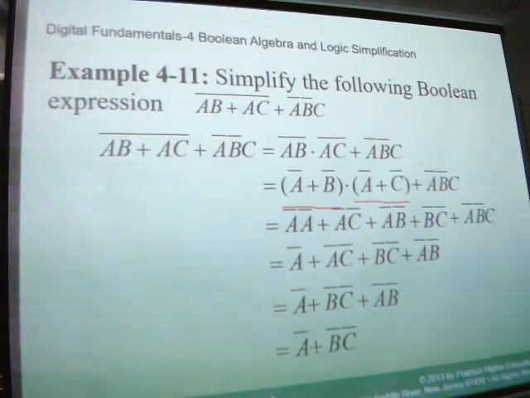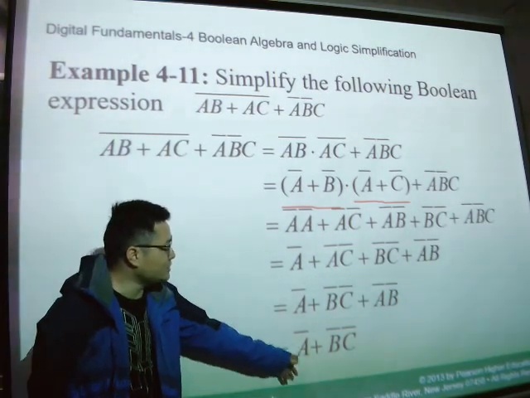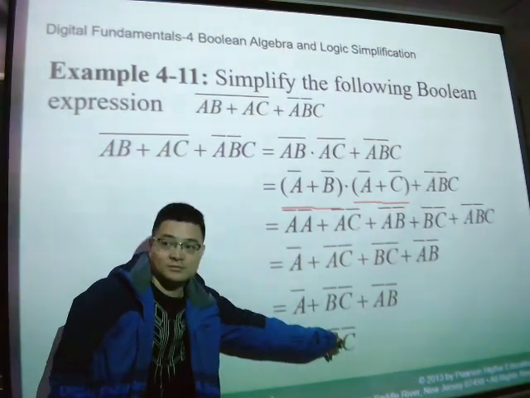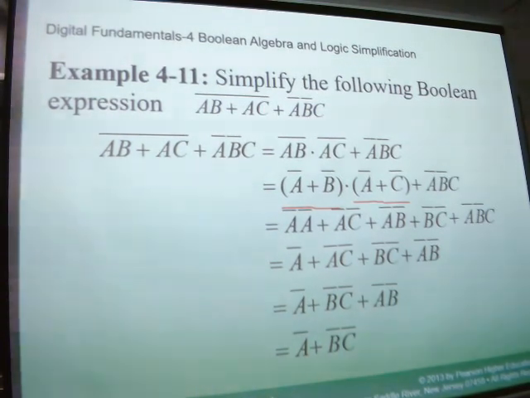So the circuit has one AND gate and one OR gate. Also, it has 3 inverters, not gates, right?